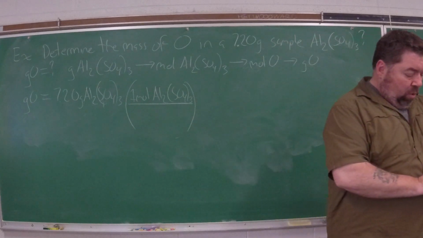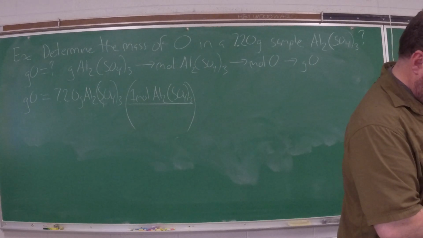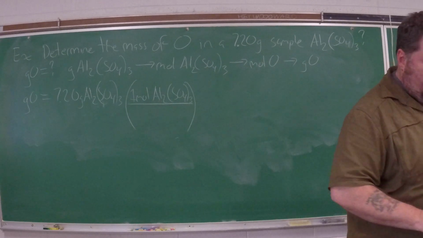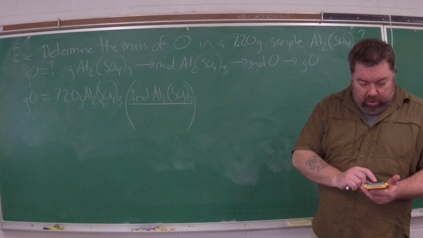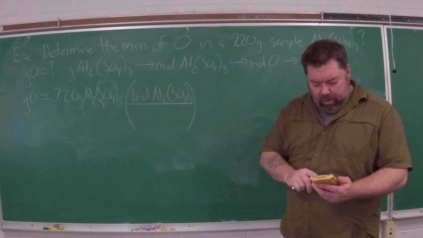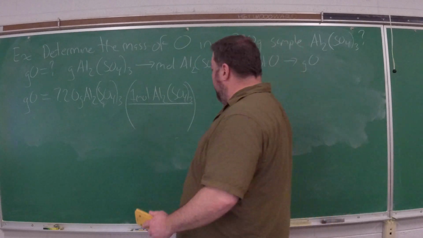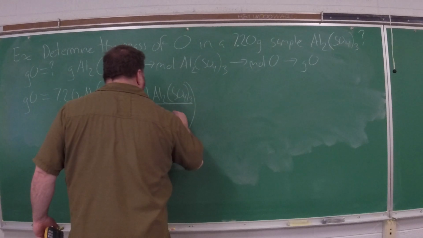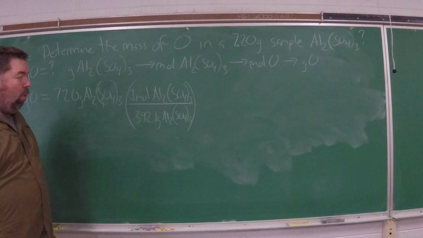So, plus 3 times sulfur, again, 32.06, plus we have 12 times 16 for oxygen. There's 12 oxygens. Hit enter. And I'm getting 342.1 grams of aluminum sulfate per 1 mole.